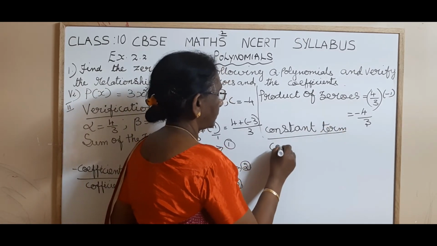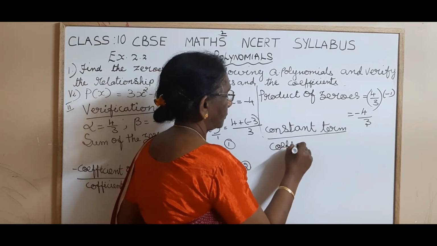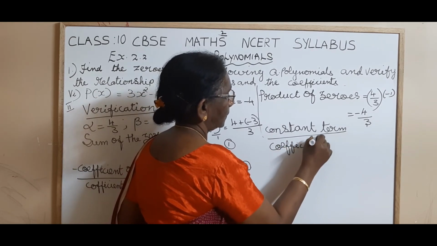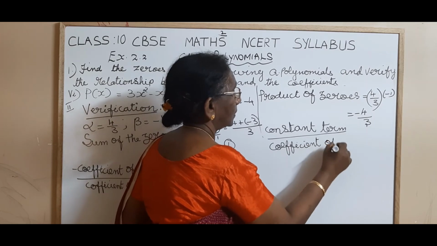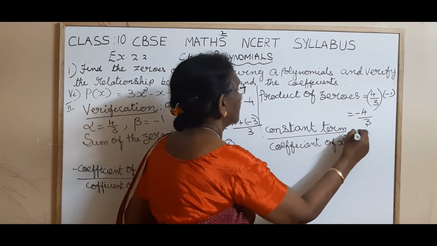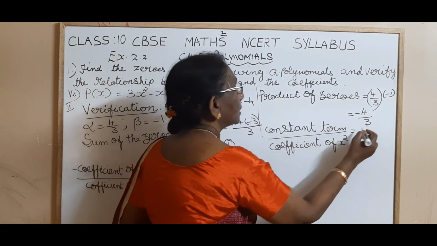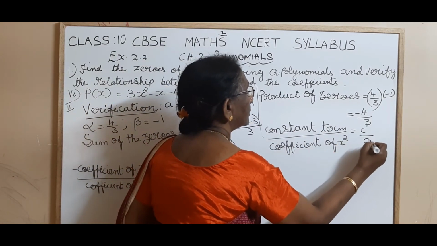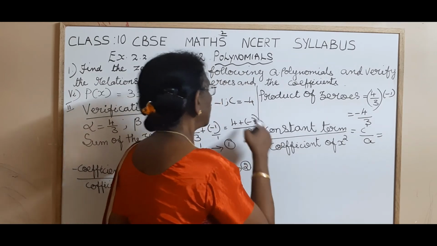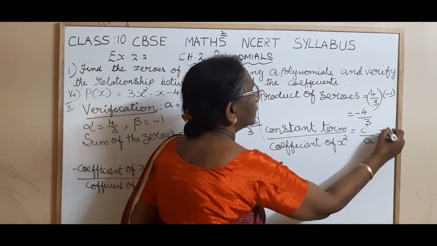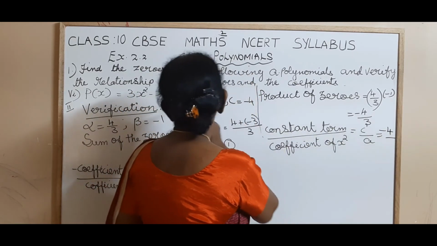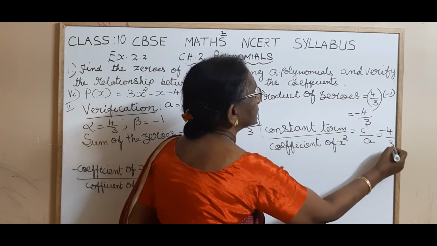Next what? Constant term by coefficient of x square. Constant term, that is what? C, constant term by A, C by A. That is equal to what? C is minus 4, A is equal to 3.